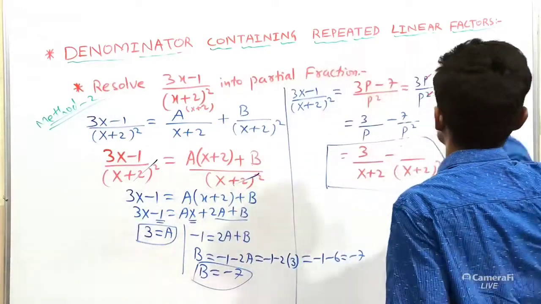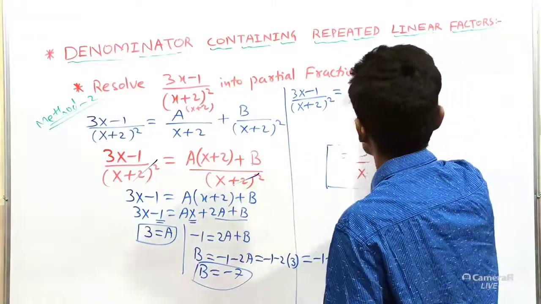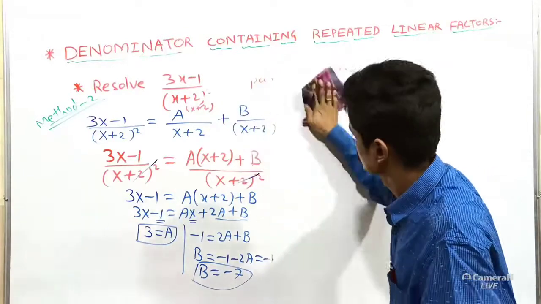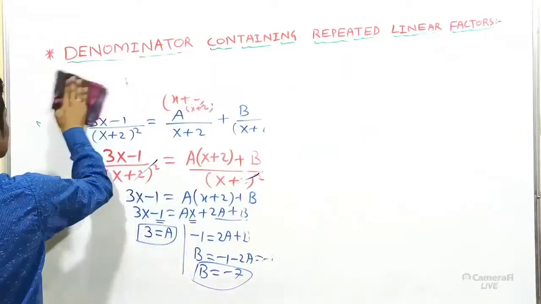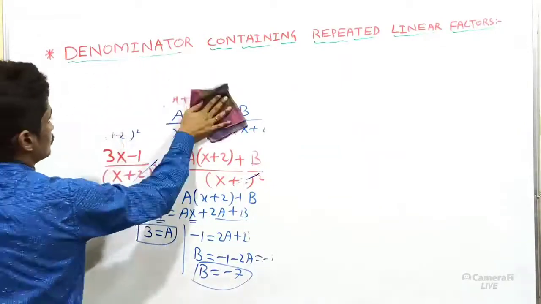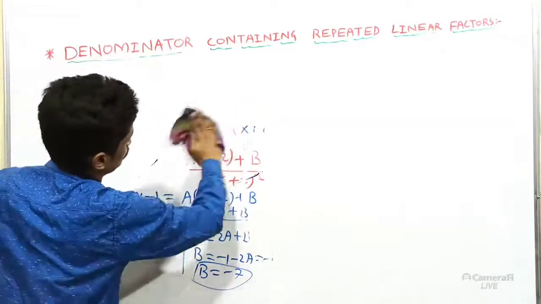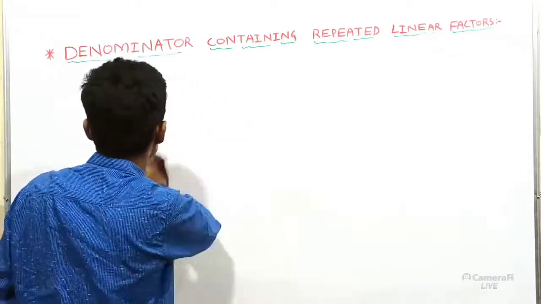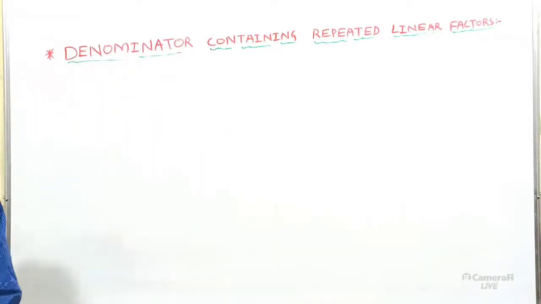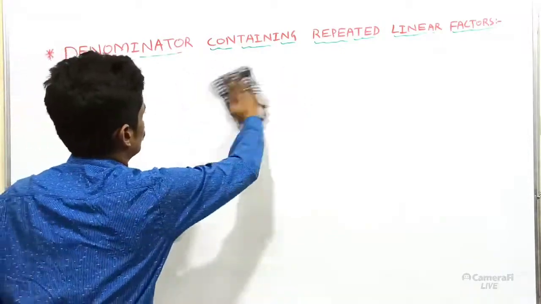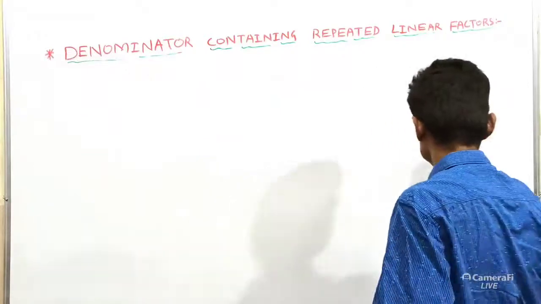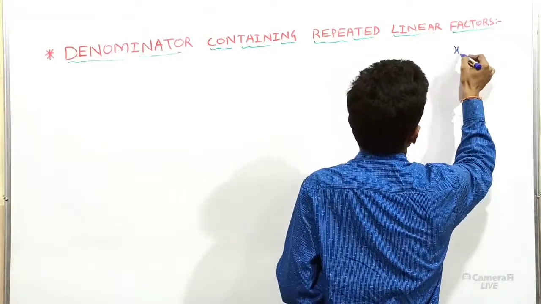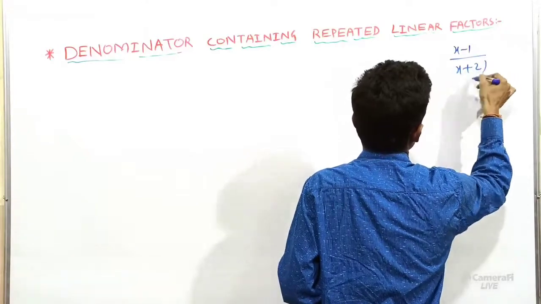Next, this one is an example for homework, that is x minus 1 divided by x plus 2 whole square.